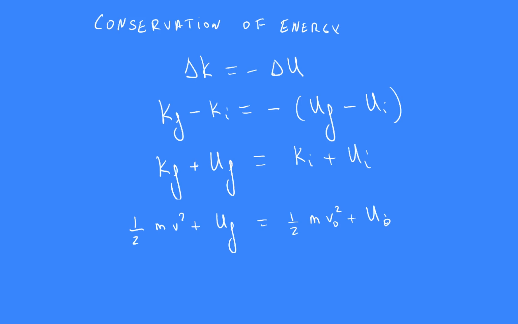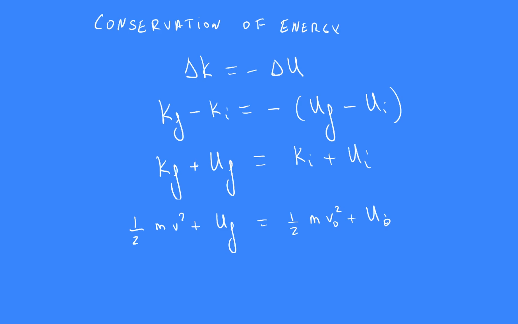The energy is stored somewhere. You can put it as kinetic energy. So if you put it as kinetic energy, you lose potential energy. There are many kinds of potential energy. There is chemical potential energy, energy that is stored in a battery, for example.